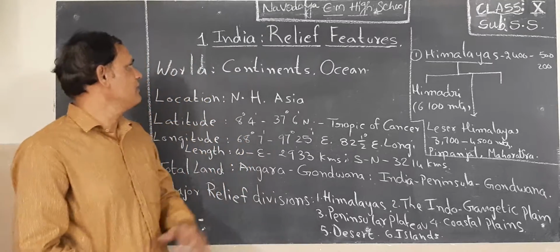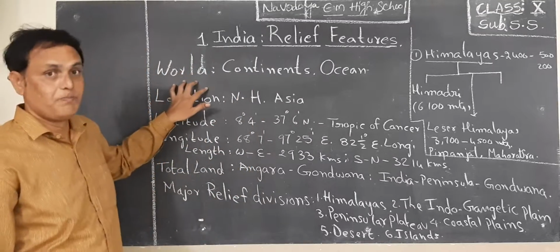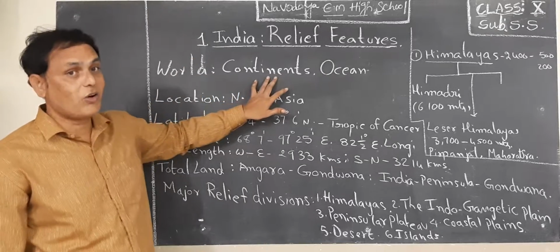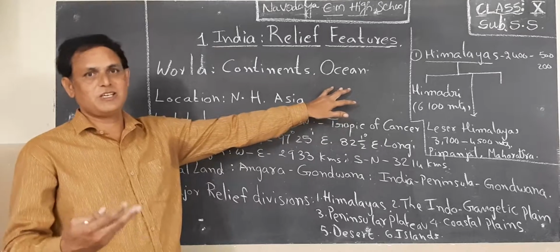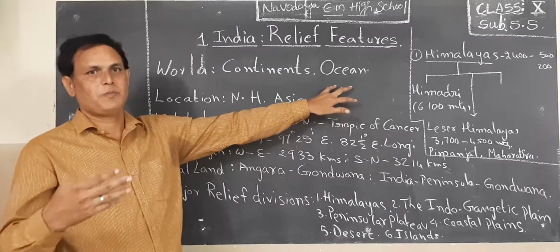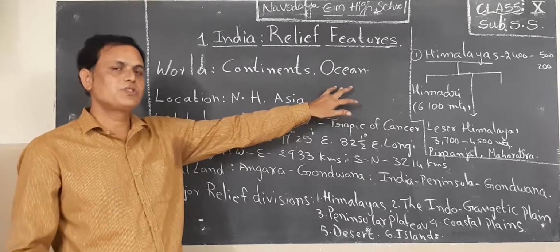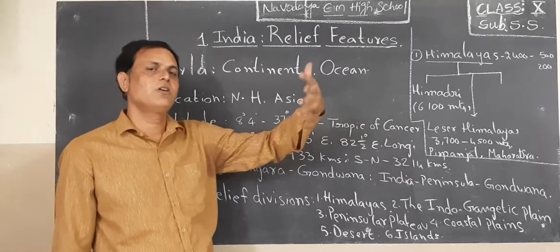For example, in the world, we know what the continents and oceans are. From 6th class, or even lower primary classes, you studied about oceans and continents.